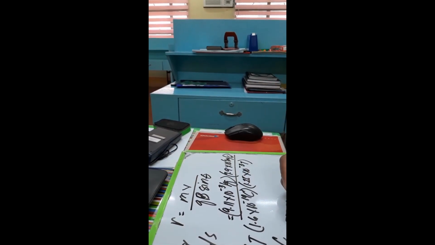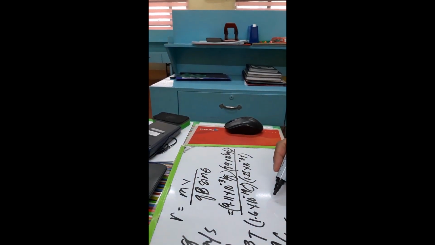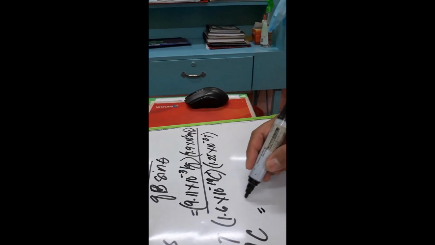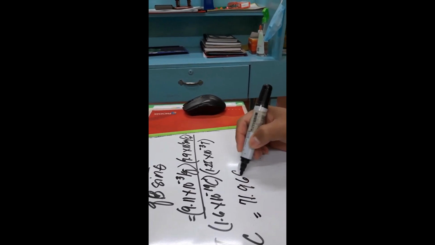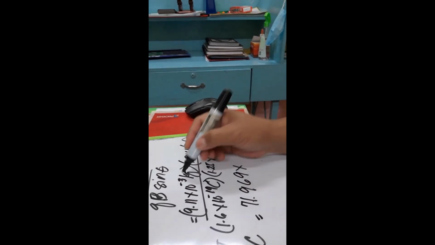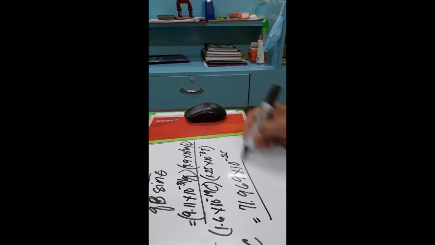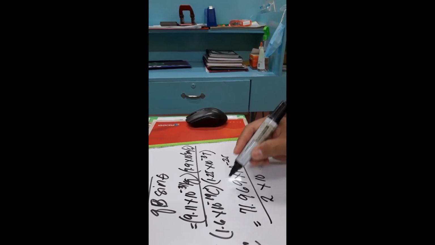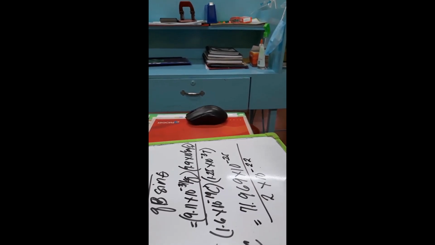So, walang pagbabago po dyan. So, 9.11 times 7.9. So, we have there, our answer should be 71.969 times 10 raised to negative 25 over, this is 2 times 10 raised to, add mo yung dalawang exponent, so negative 22. So what will be your answer?